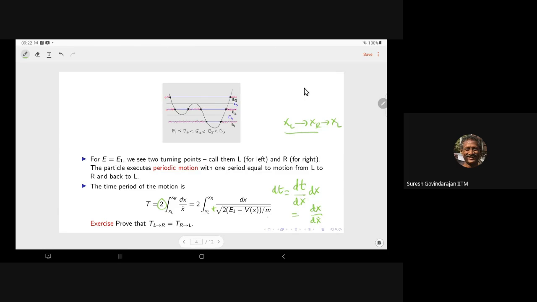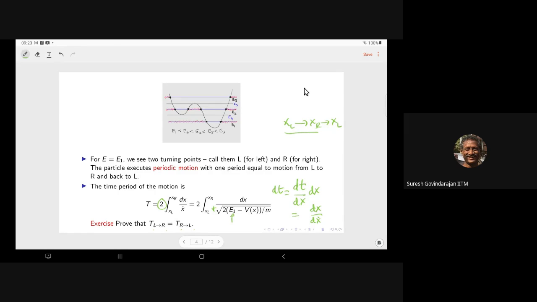So this is a formal integral, and I've asked you to prove that the time taken to go from left to right is equal to the time taken to go from right to left. This is the formula for the time period, and we have to specify the energy. We may or may not be able to do this integral, but at least formally this integral exists.